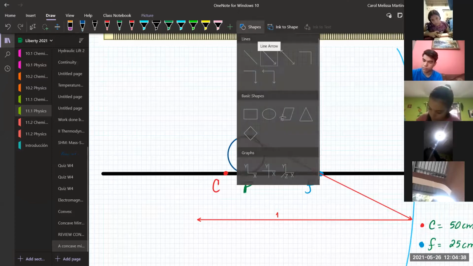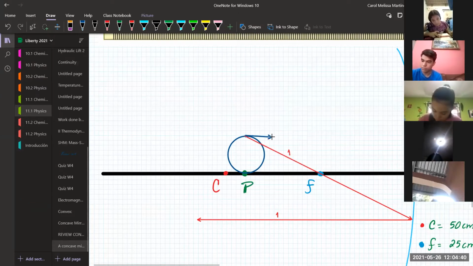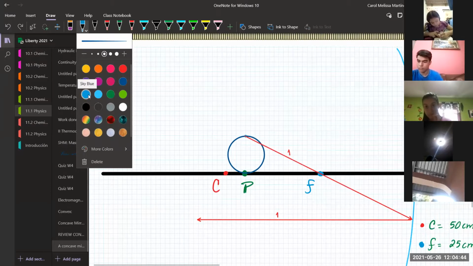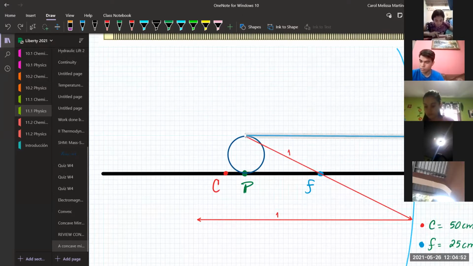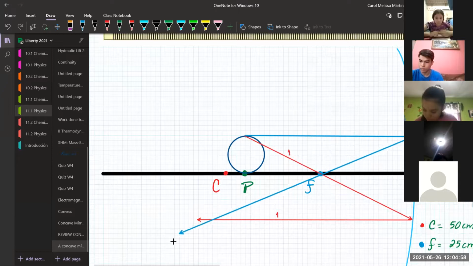So I'm gonna do the exact same. From the top of my object, straight horizontal, I touch the mirror, and then I come back through the focal point.